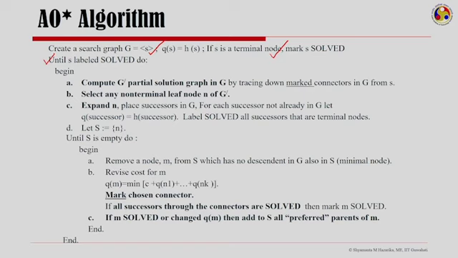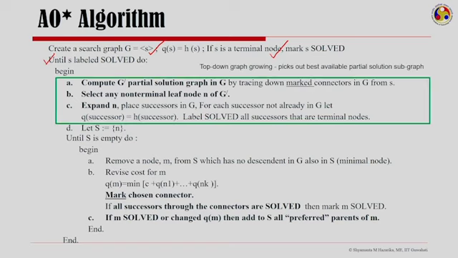So, in the first portion here, I pick up the best available partial solution graph by tracing down marked connectors. How we mark them comes from the next portion of the algorithm. Initially, to start with, I have no marked connectors and just follow the one with the lowest cost. Later, I have the marked connectors and follow the path of the marked connectors.